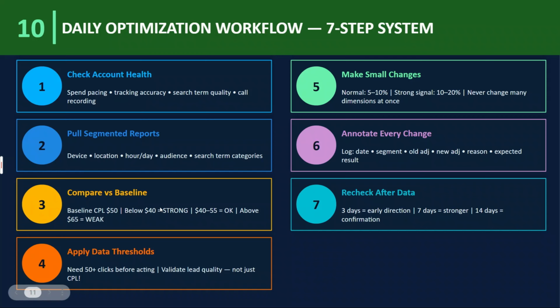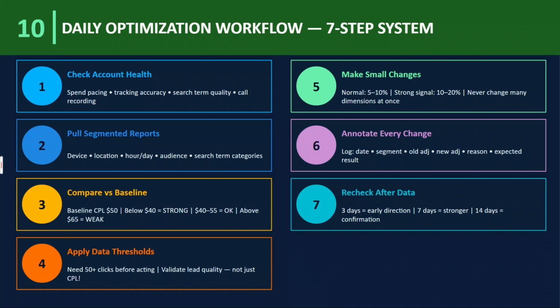Step 3 is compare each segment to your baseline. Our baseline CPL is $50, and any segment below $40 is strong. Between 40 and 55 is acceptable. Above 65 is weak. Step 4 is apply thresholds. Do not react to small numbers.